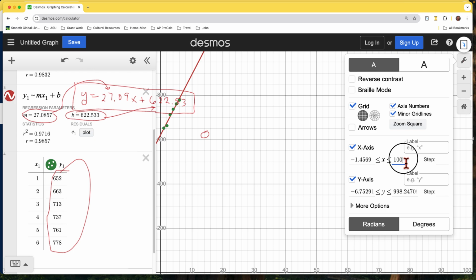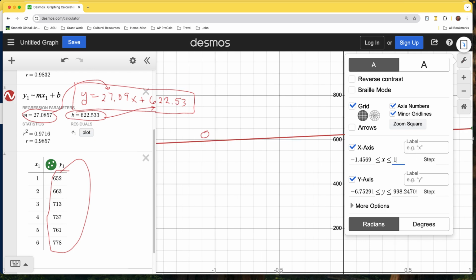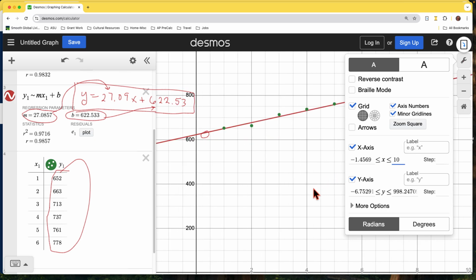I don't need to go to 100 because I don't have stuff out at 100. I could maybe go to 10 or 15. It's not a science, and there's no right or wrong to it. Yeah. So far, so good? Because if we can do this, pretty much everything else is going to go from here.